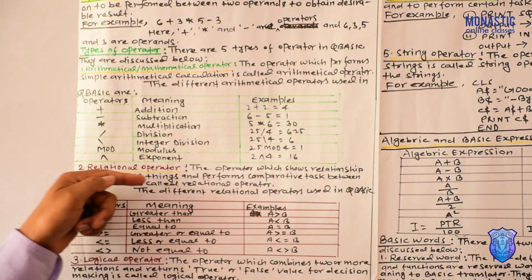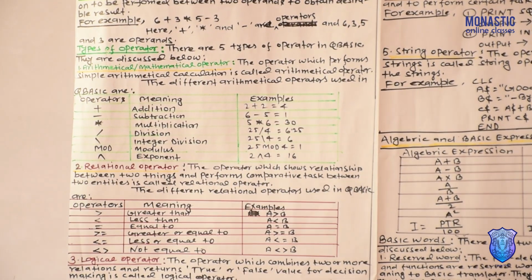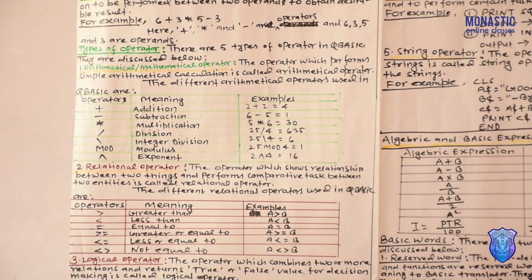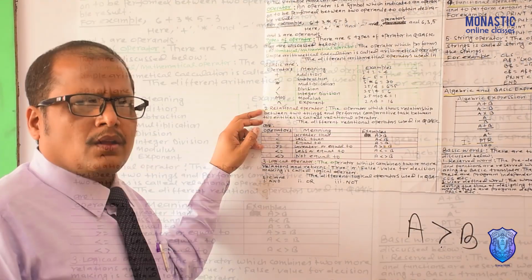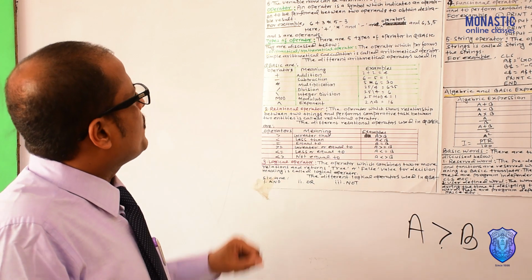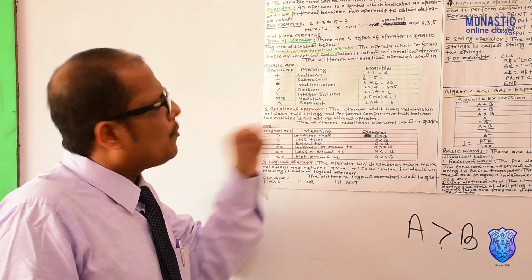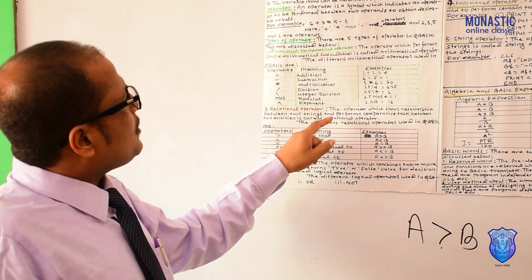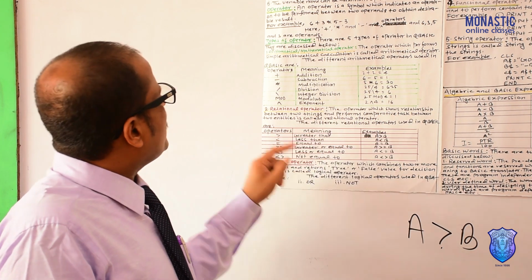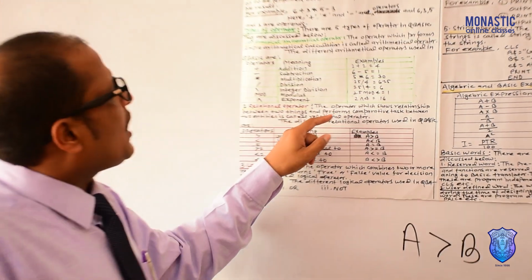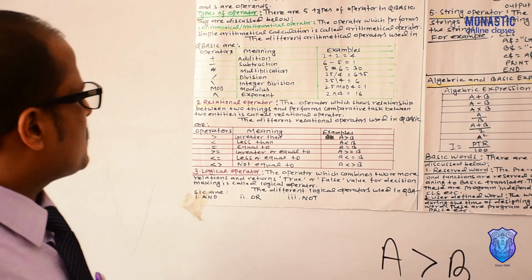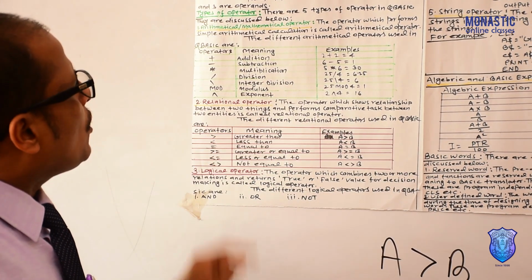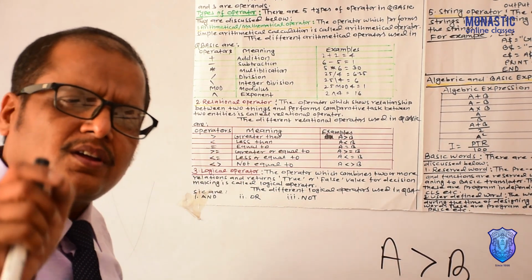Next operator, the relational operator. The operator which shows the relationship between two things and performs comparative tasks between two values is called a relational operator.